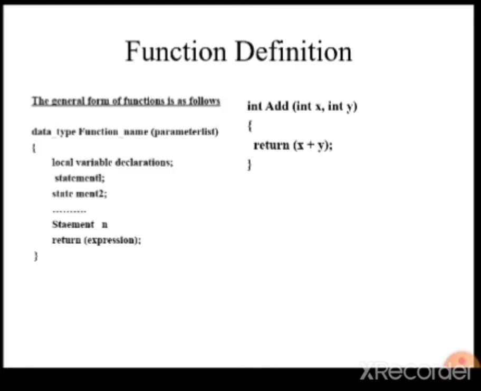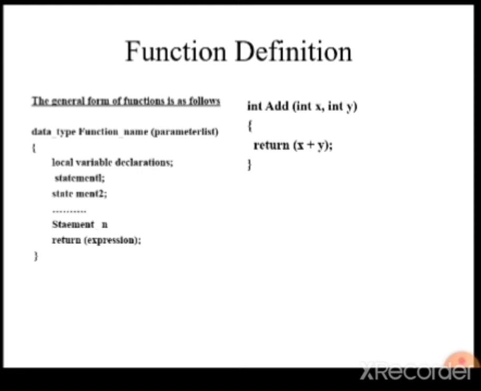Next we have the function definition section. In the function definition, we have to give the data type, function name, and parameter list. Next, an open curly bracket, then the local variable declarations and function body statements. Then at the end you have to give the return statement. The return statement returns the calculation result, that is the return value.